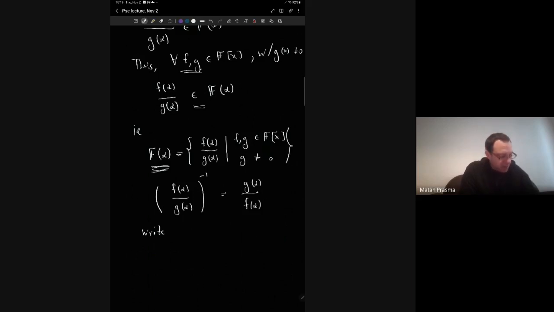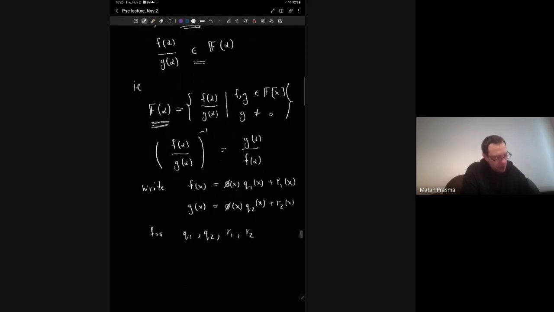It means that I can write f of x as phi x q1 of x plus r1 of x, and g of x as phi x q2 of x plus r2 of x, for some polynomials q1, q2, r1, r2, where the degree of r1 and the degree of r2 are strictly smaller than the degree of phi.